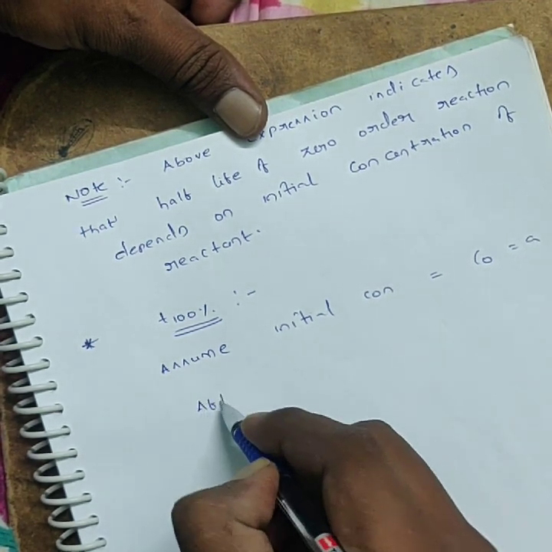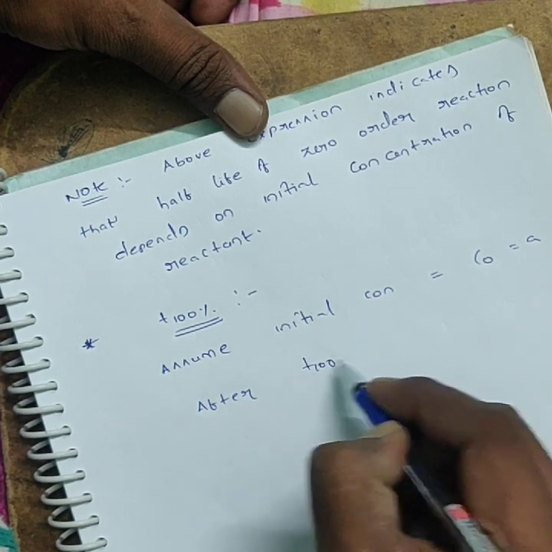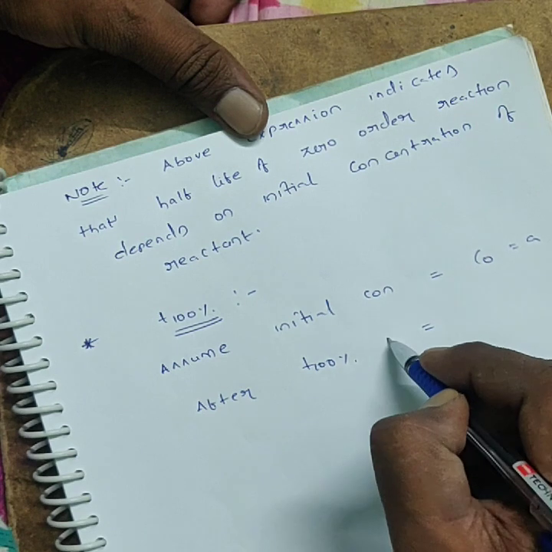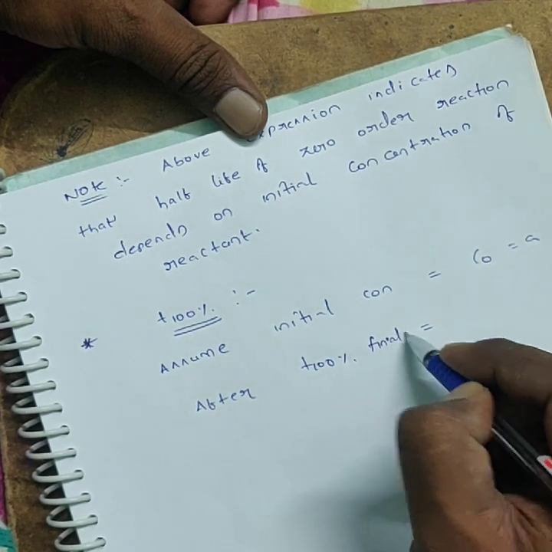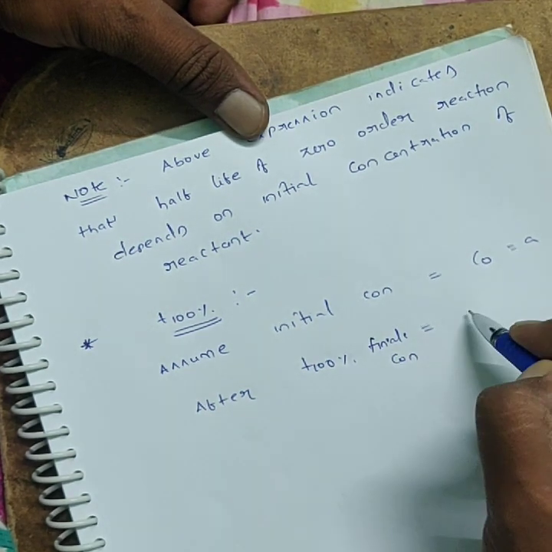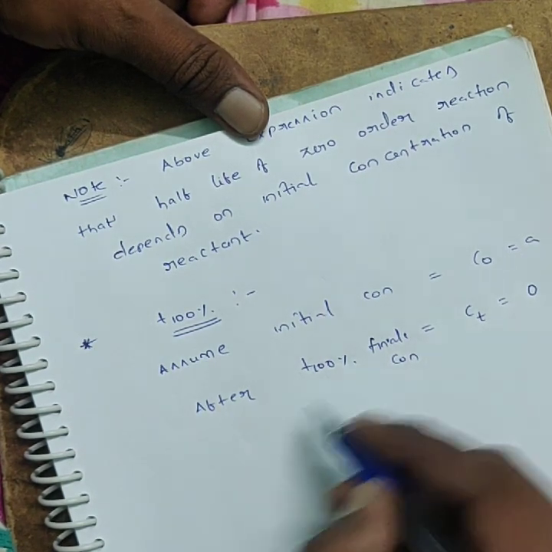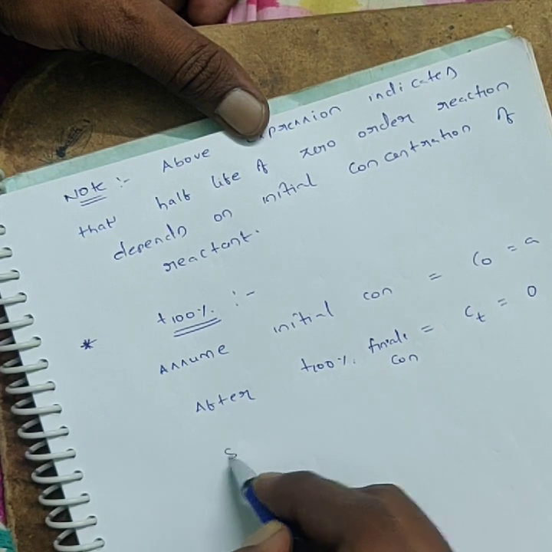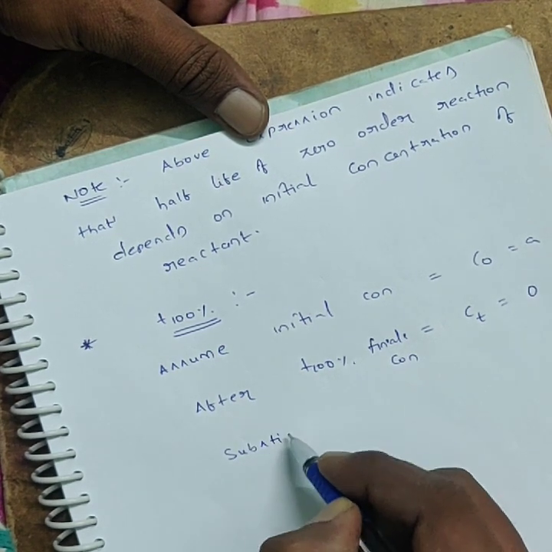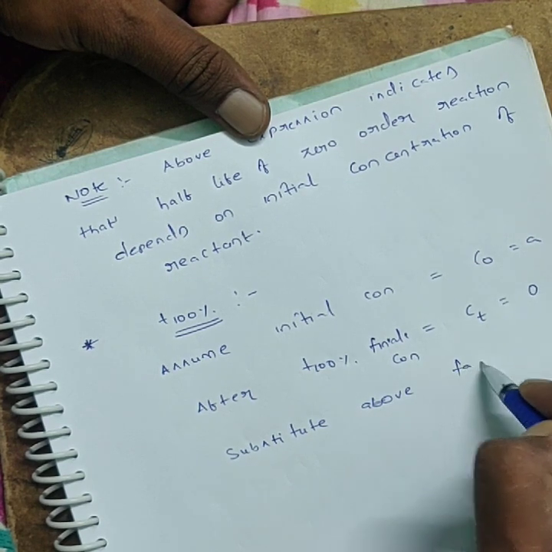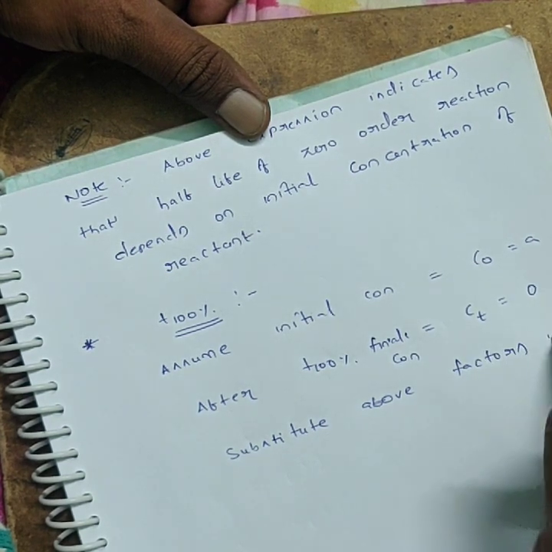So after t 100%, the final concentration is Ct, that is nothing but 0. So substitute the above factors in equation 1.